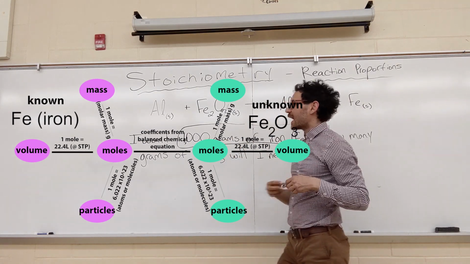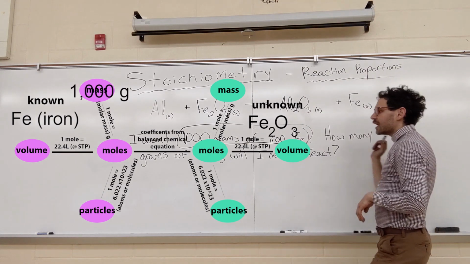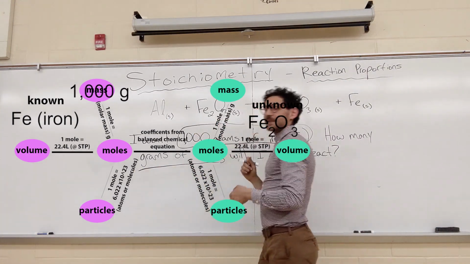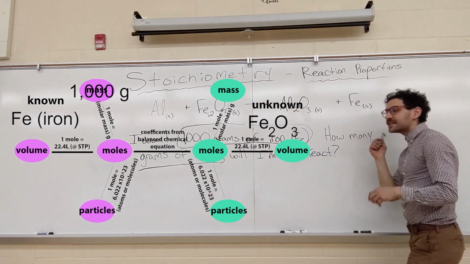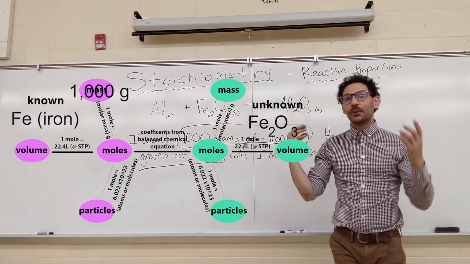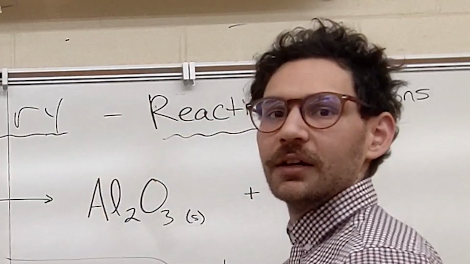So I have the mass of iron, and I want to know the mass of iron oxide, another grams. So I want to go from my known mass all the way over and come along this way to my unknown mass. This diagram is super useful because it has the conversion factors we need already in it.